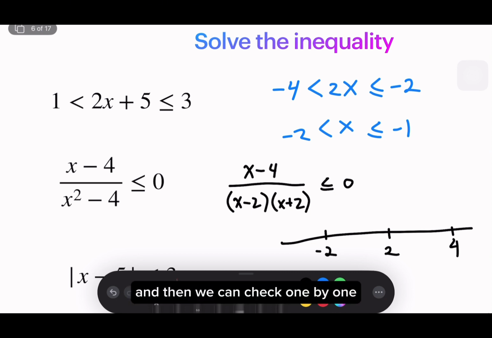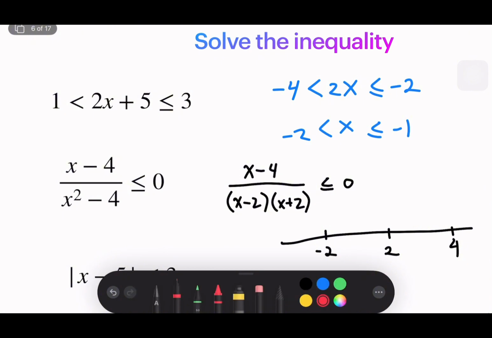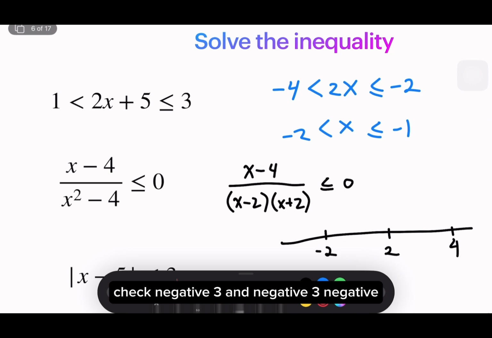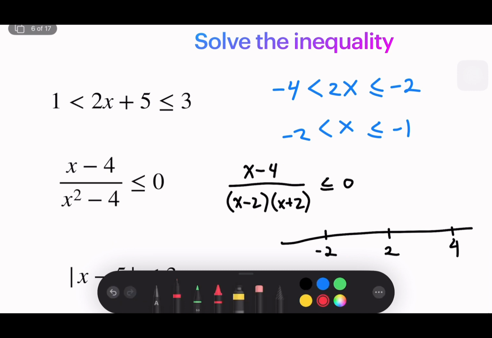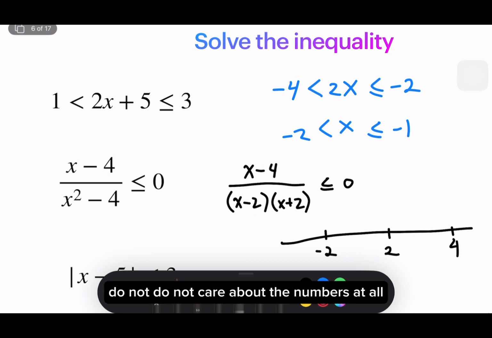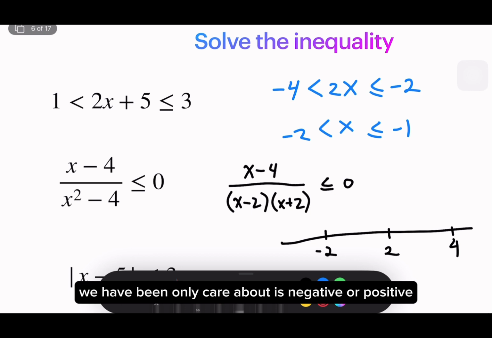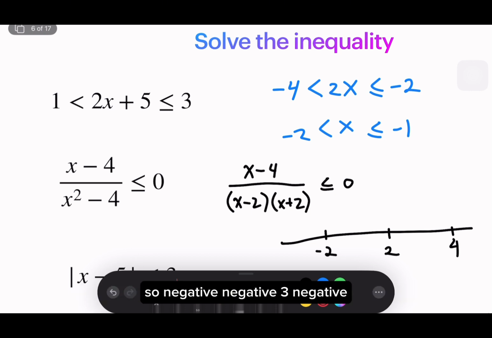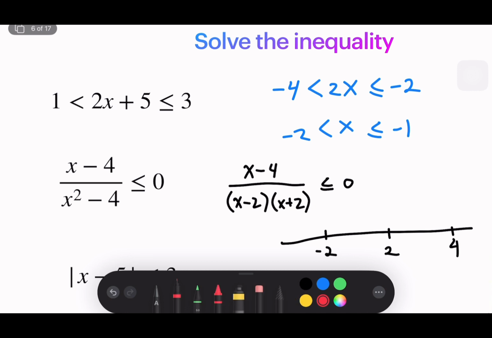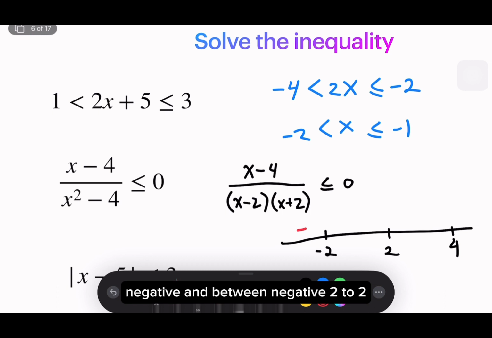And then we can check one by one. Check negative 3. Do not care about the numbers at all. We only care about whether it is negative or positive. So negative, negative, negative, positive, negative, positive, negative. Between negative 2 and 2, let's try 0, the easy one.